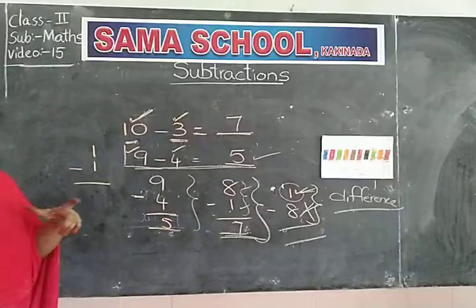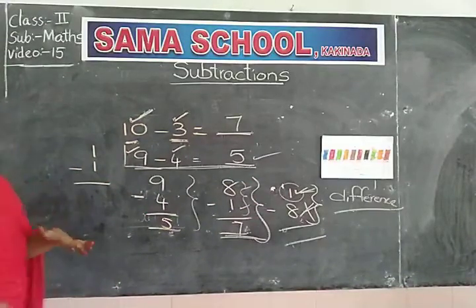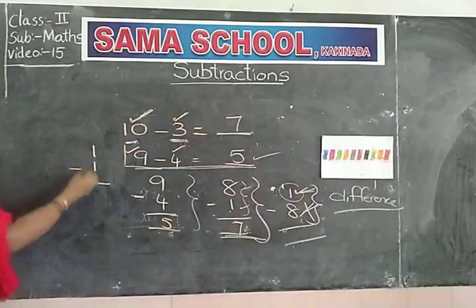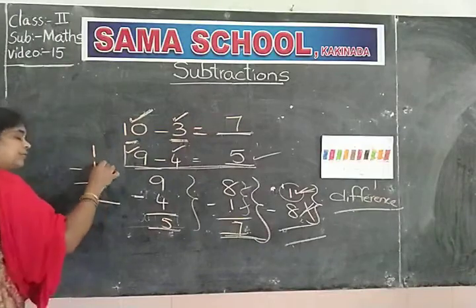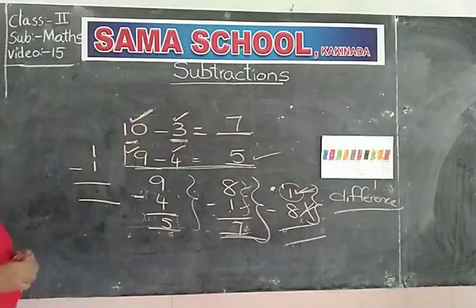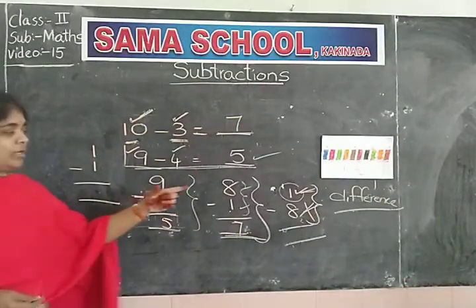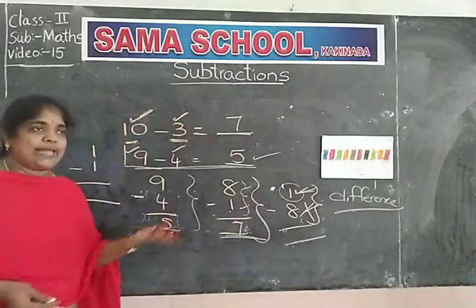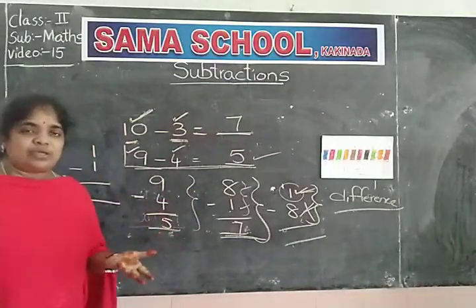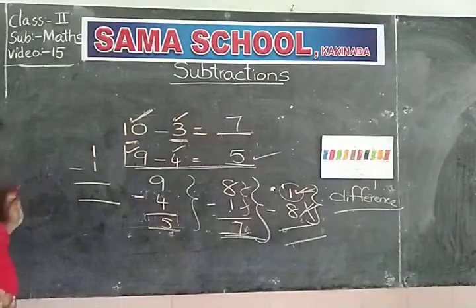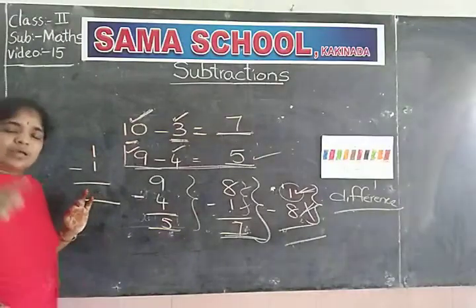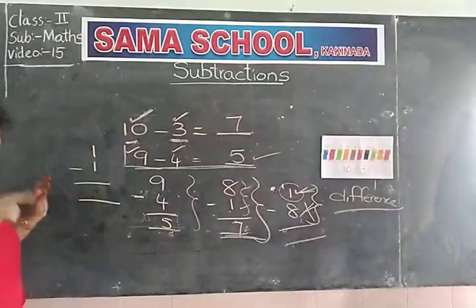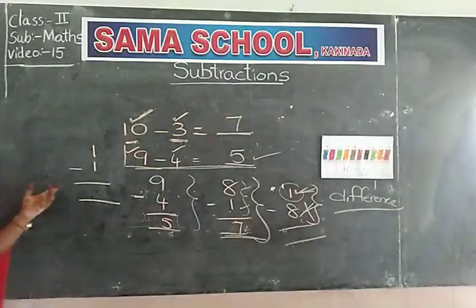But you can give the 1 ball which you are having. You are having only 1 ball that you can give to your friend. Then how many are left with you? You are having only 1. If your friend asks for 8, you refuse, saying you are not having it. If he asks for the 1 ball which you are having, can you give that 1 ball? Yes, it is possible to give 1 ball.